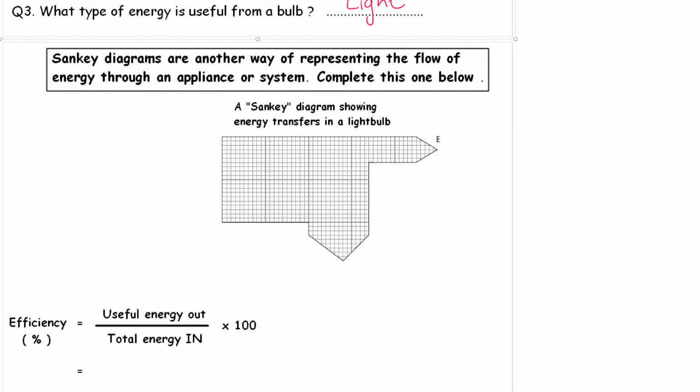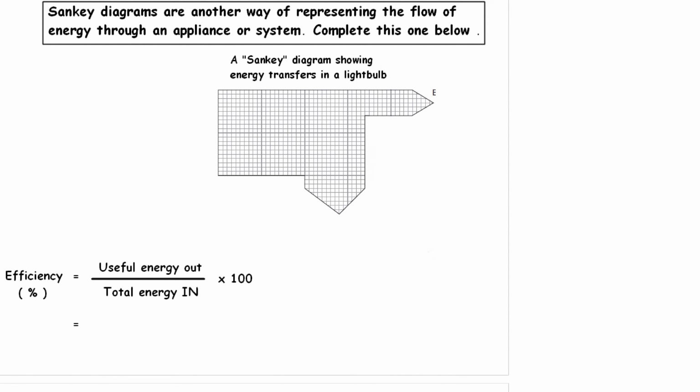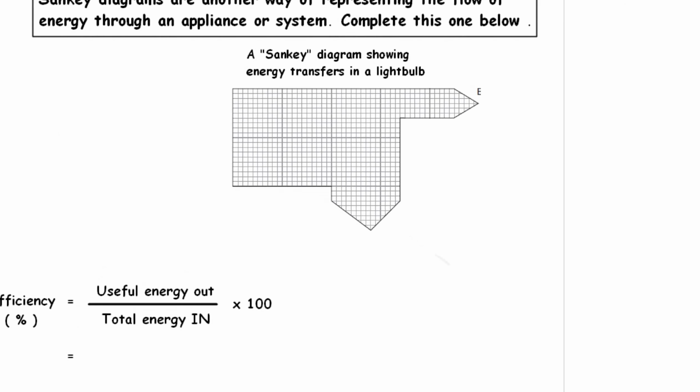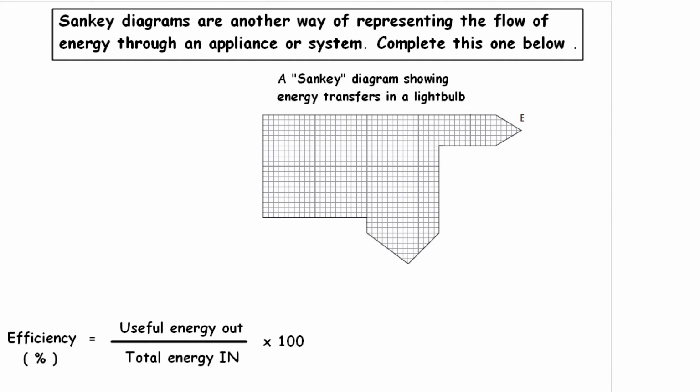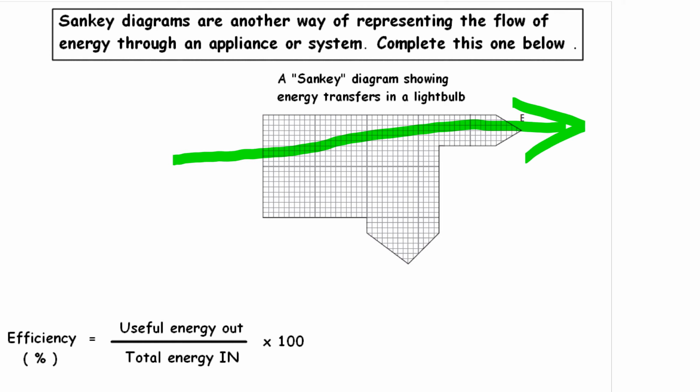Now then, Sankey diagrams are another way of representing the flow of energy through an appliance or a system. Complete this one below. So effectively what we've got is a flow of energy. Some of it is useful.